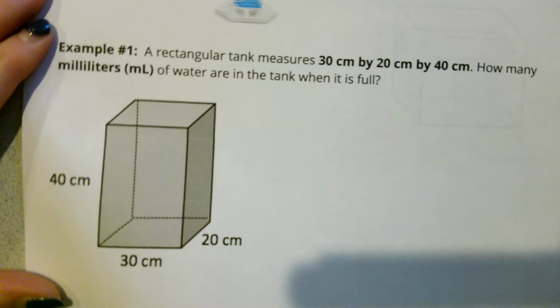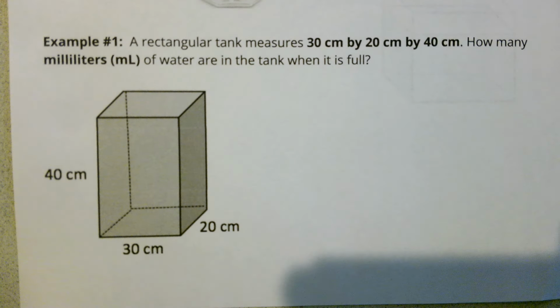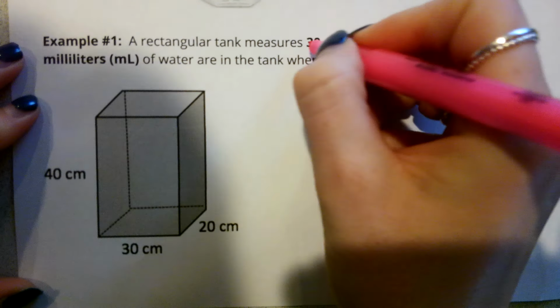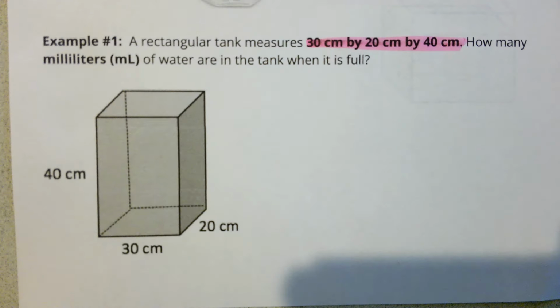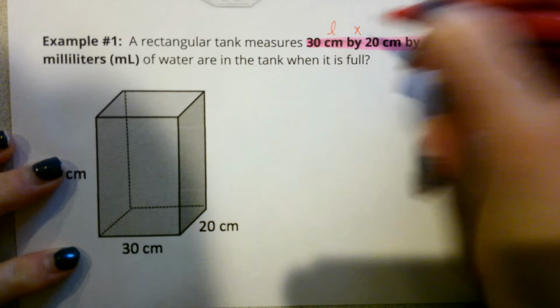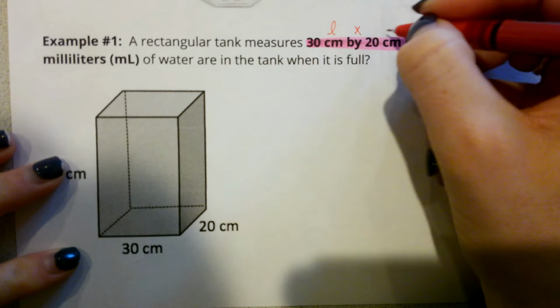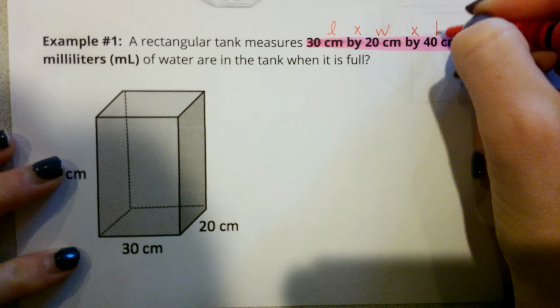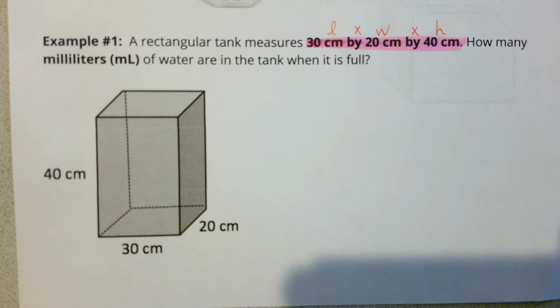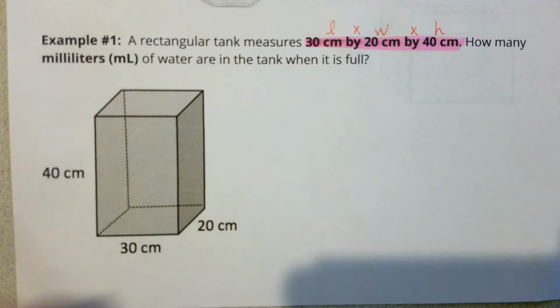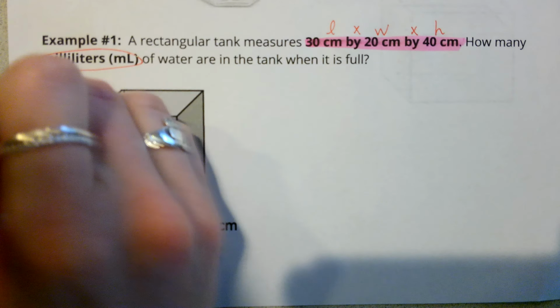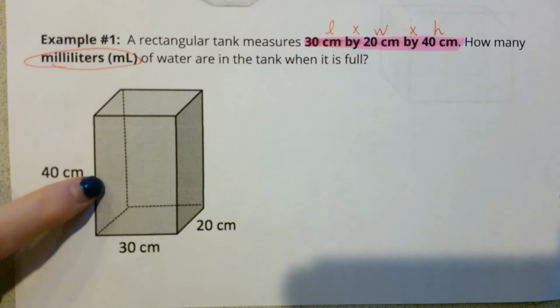It says a rectangular tank measures 30 centimeters by 20 centimeters by 40 centimeters. Just like yesterday, we know that this is representing the length by, it means multiply, length by width by height. So, how many milliliters of water are in the tank when it is full? Here's our picture.